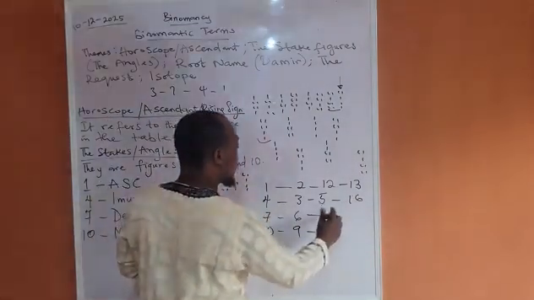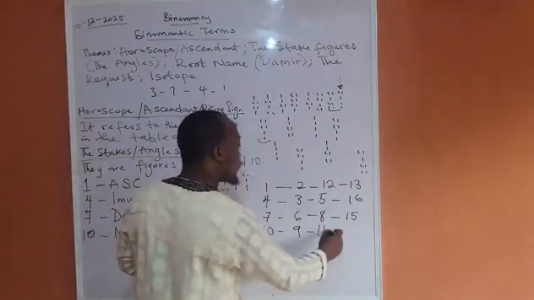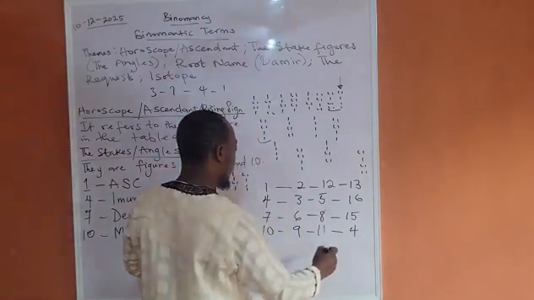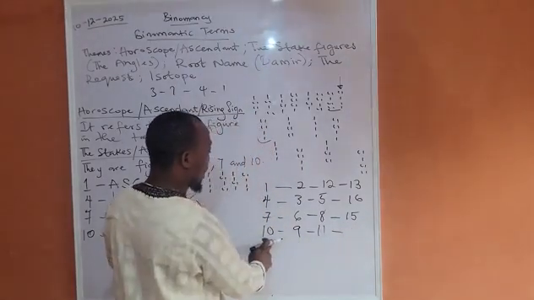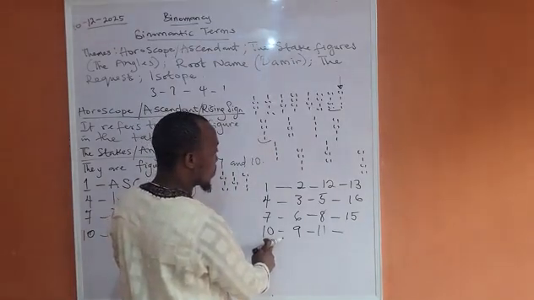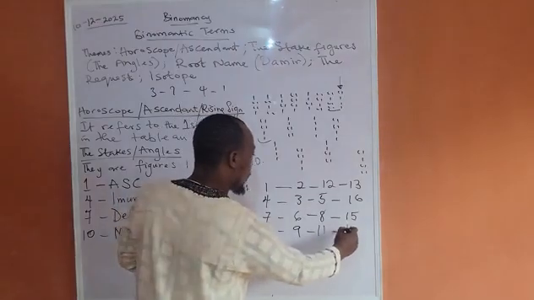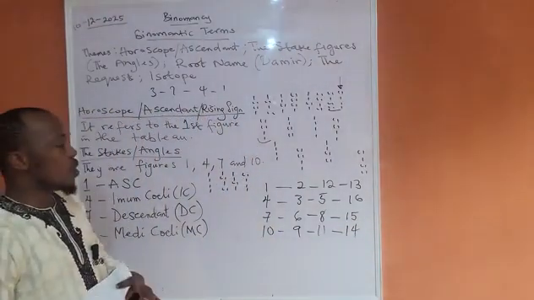The supporter of figure 7 is figure 15. And the supporter of figure 10 is, sorry, where is it? Figure 14. So that's how they take it one by one.